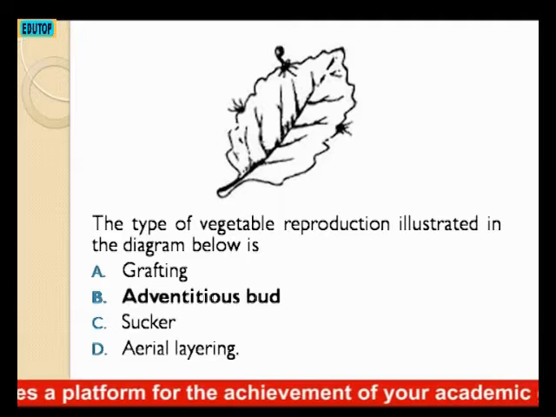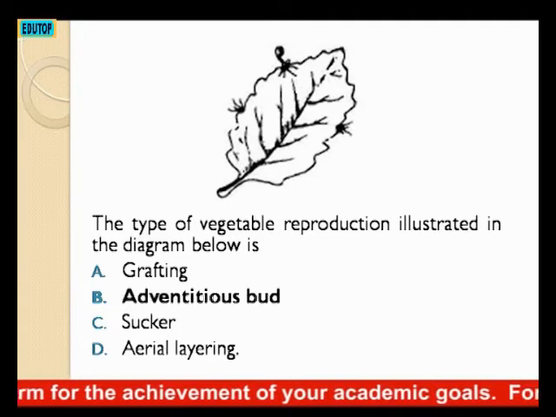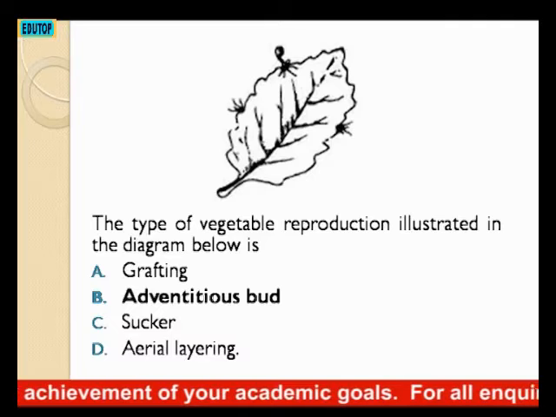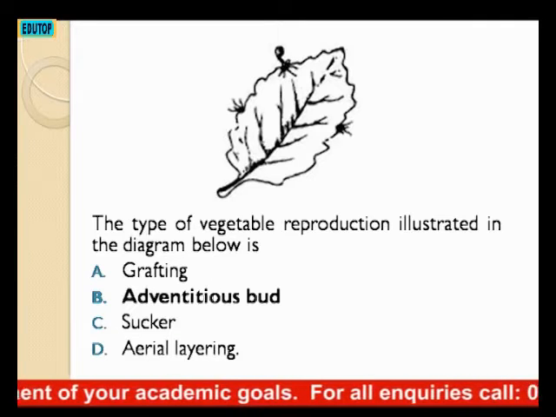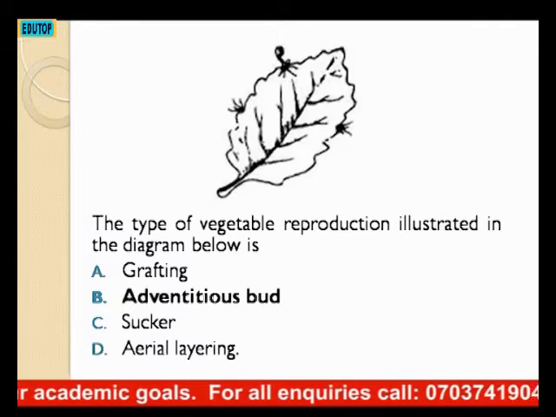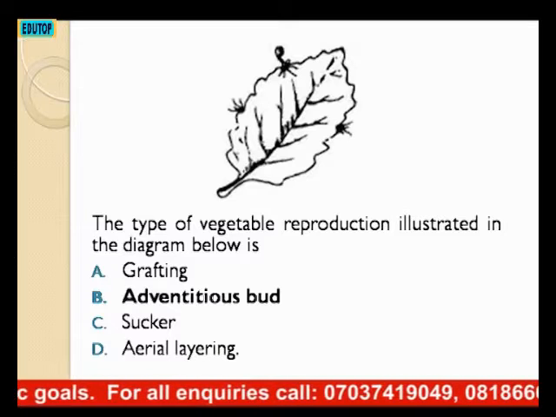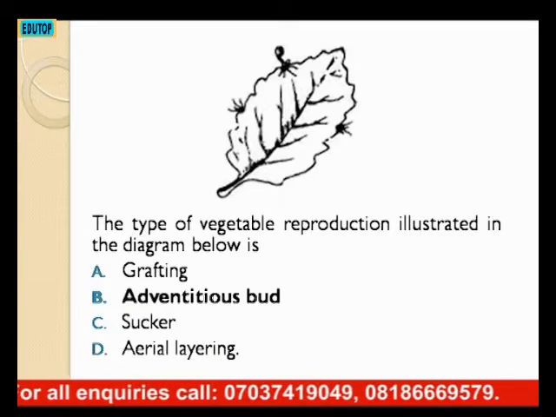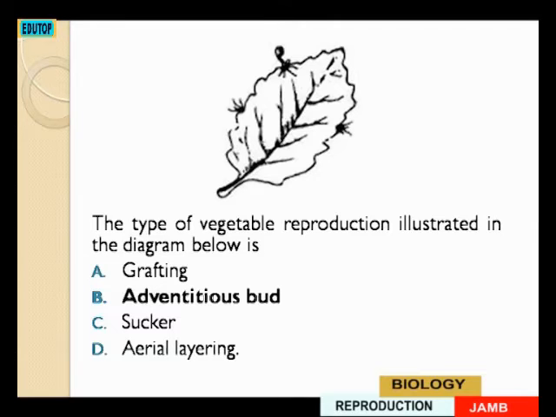Now the question says the type of vegetative reproduction illustrated in this diagram is A, grafting, B, adventitious bud, C, sucker, D, aerial layering. This leaf is showing adventitious bud. When you take a part of those parts that look like roots or buds, and you take it to another place, it will definitely germinate, even though it's a part of a leaf.